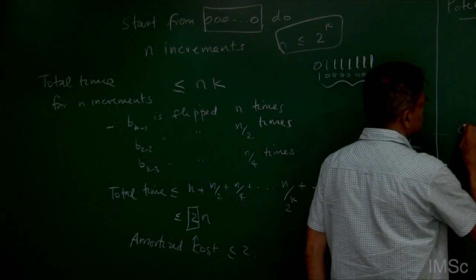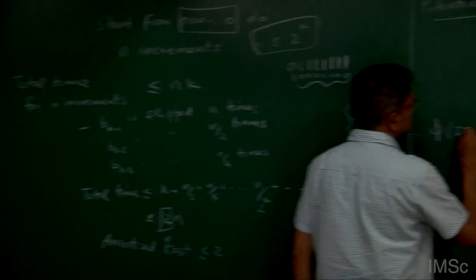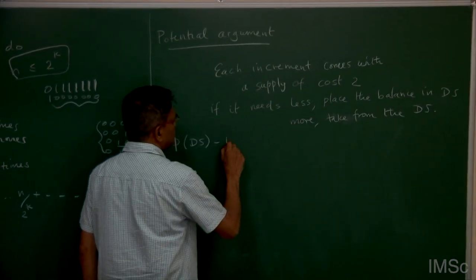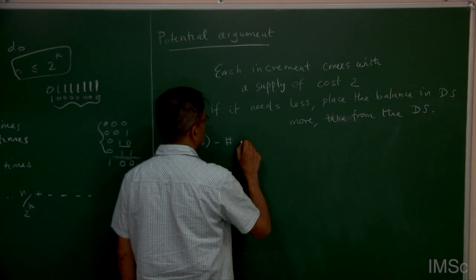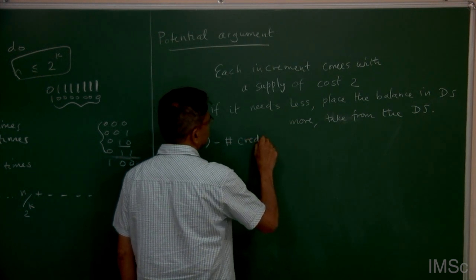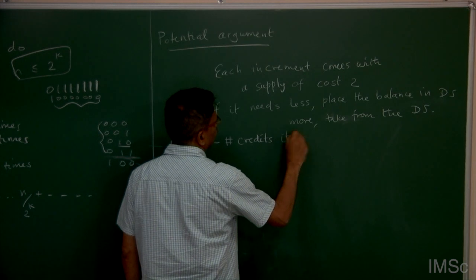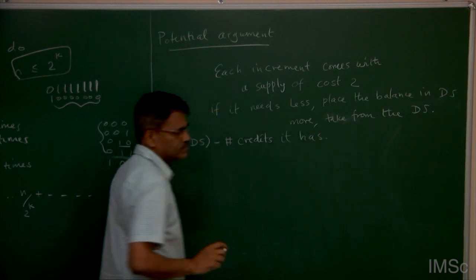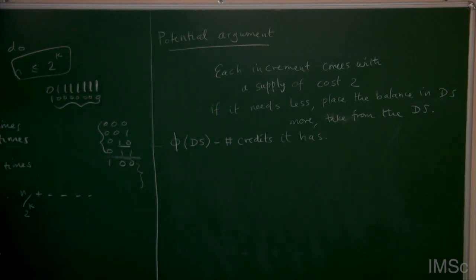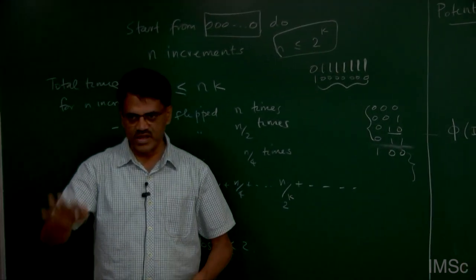I'm going to call the potential of the data structure the number of credits it has. If my operation takes less time, I'm going to add more, and the potential will increase. If it takes more time, I'm going to take from the data structure, and the potential will decrease.